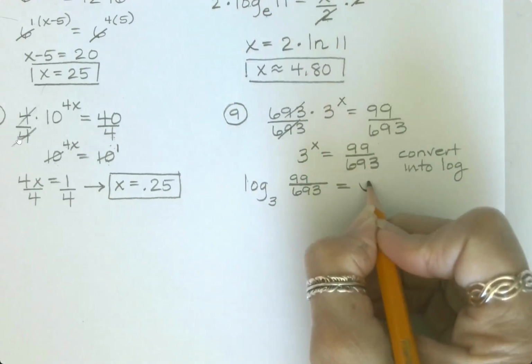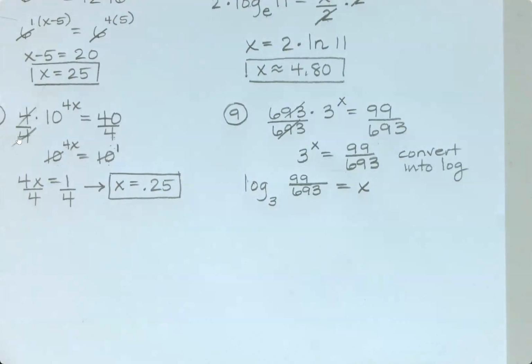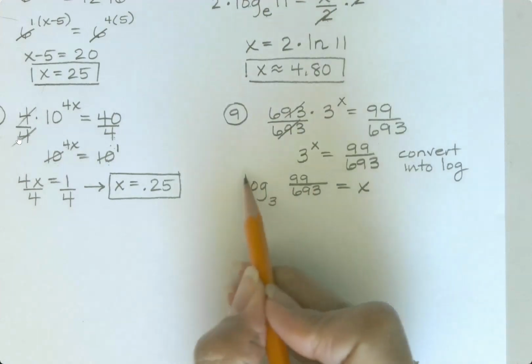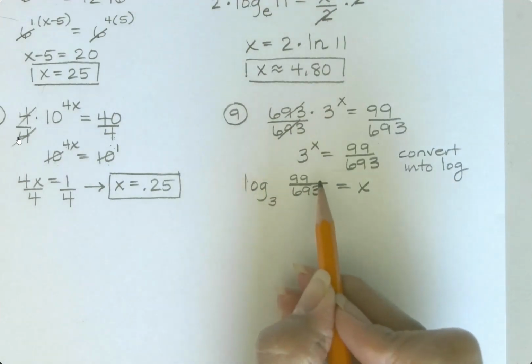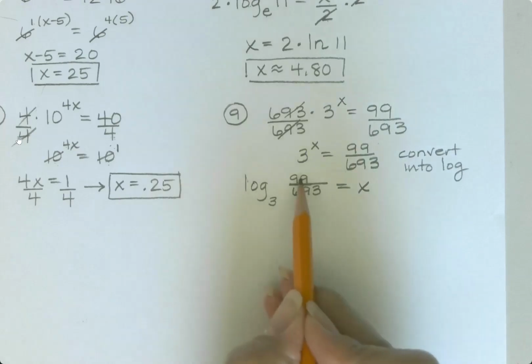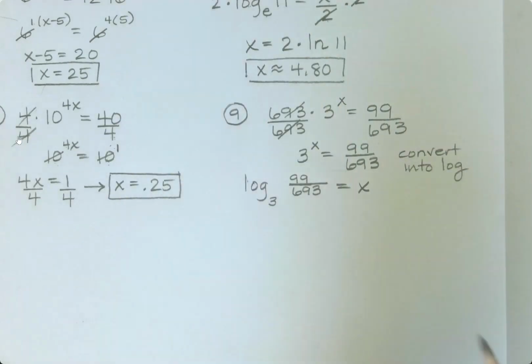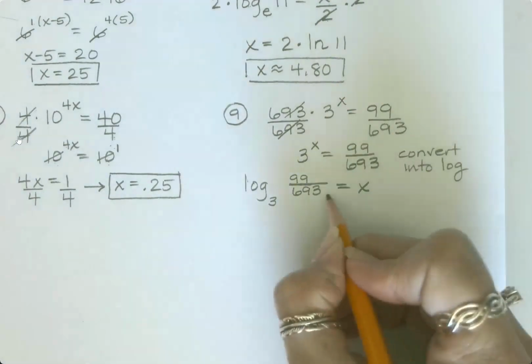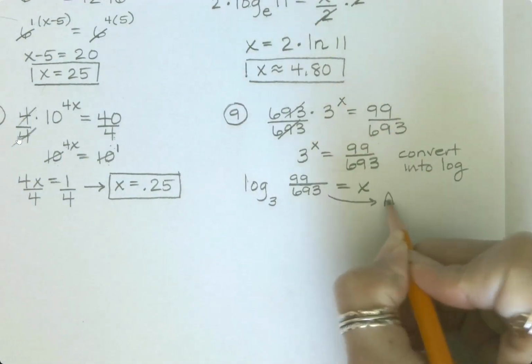My exponent was just the x. And right off the bat, notice that you have solved for x. You're done, okay? Now, the issue here is typing this in your Delta Math calculator, okay? So I'm going to show you how to rewrite this answer so that you are able to type it into the Delta Math calculator.